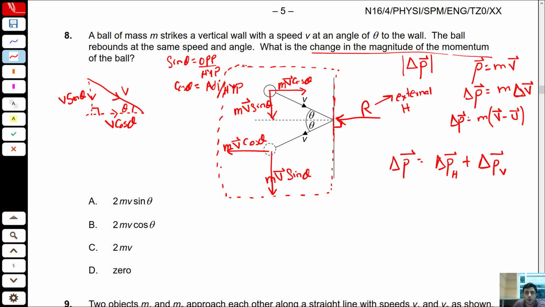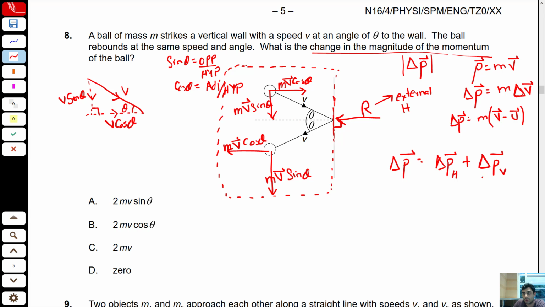If you scan the boundary of this system, you will find that there are no vertical external forces acting on the system. If there are no vertical external forces, then the vertical component of the momentum should stay conserved. It should not change, because there is no vertical external force acting on the system.